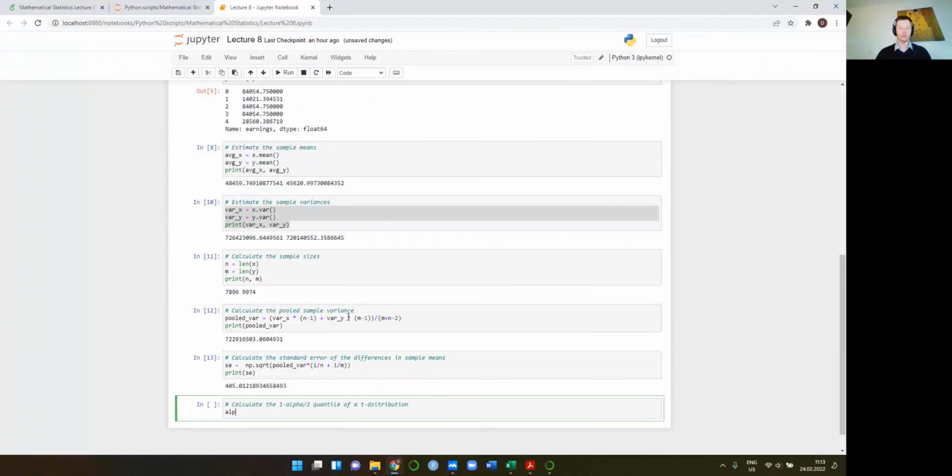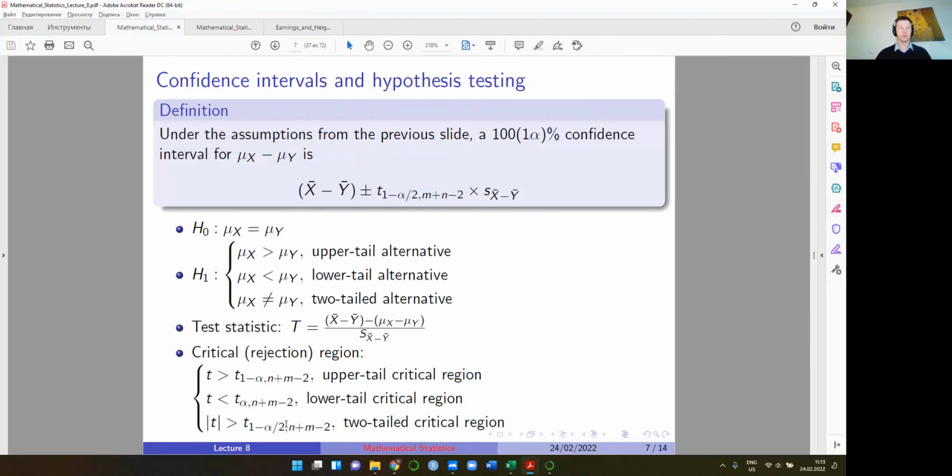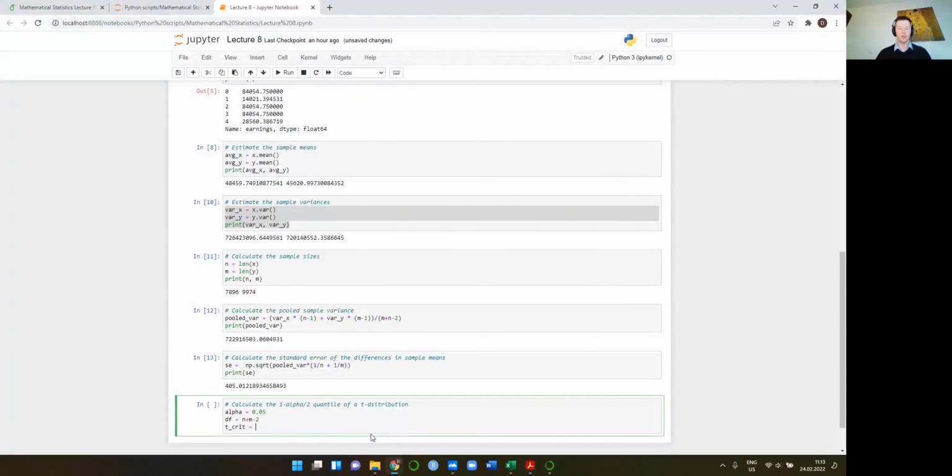Well, let's assume that alpha equals 5%, just a standard choice for alpha. It's either 5%, 1%. And what we want, and also degrees of freedom. Degrees of freedom is n plus m minus 2. So what's next? Let's call this T critical, because that's going to be the critical value of T for the two-tailed critical region.